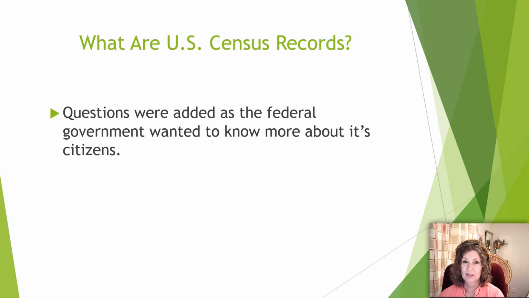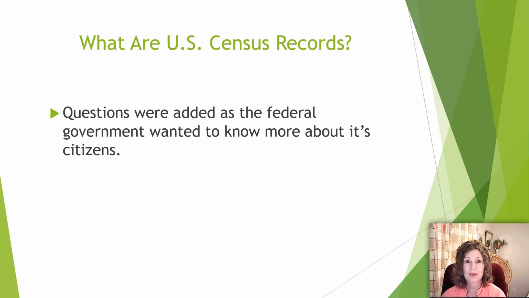As each 10-year period went by and a new census was going to be taken, the federal government added questions depending on what it wanted to know about its citizens. And we're going to go through in some detail some of those questions before 1850. But it's interesting to look at the censuses after 1850, even though we won't discuss that in this presentation, and see all the different questions and think about why the government wanted to know things such as, do you have a radio in your home?